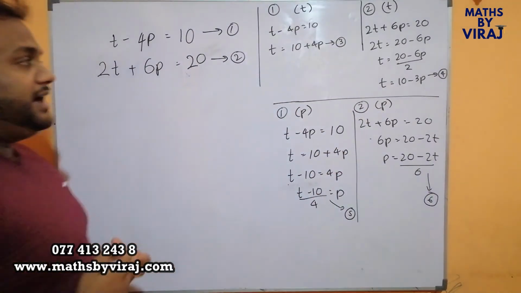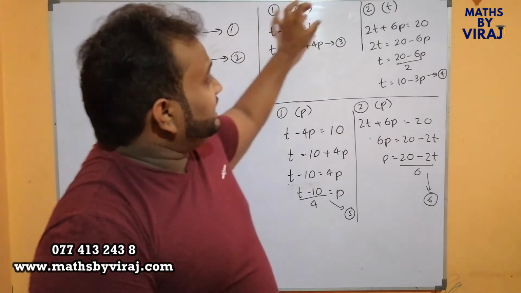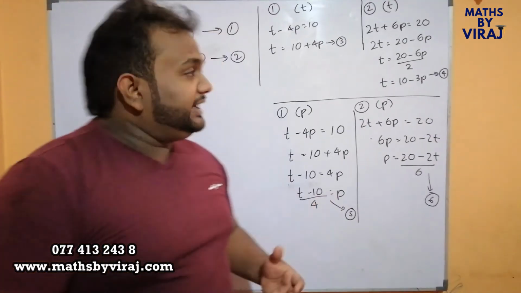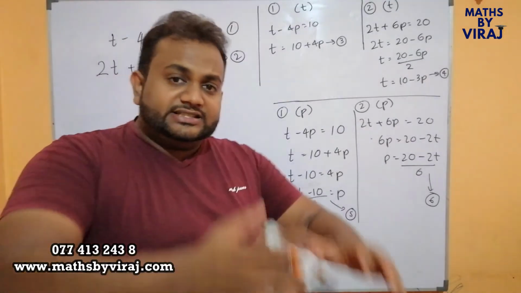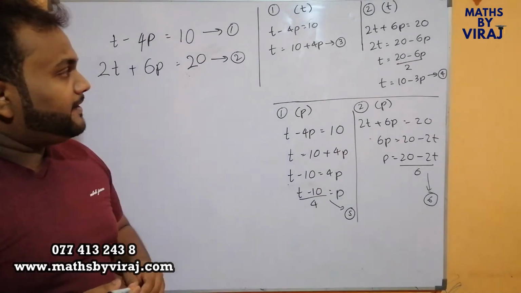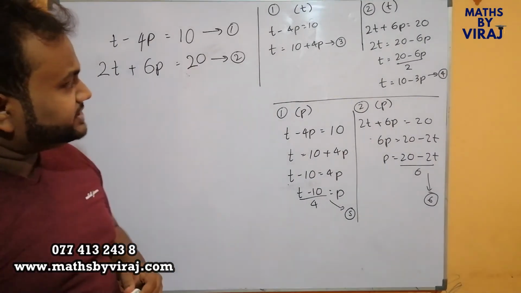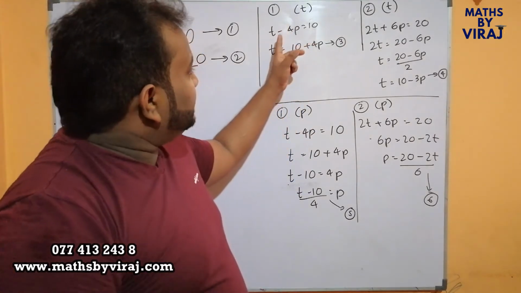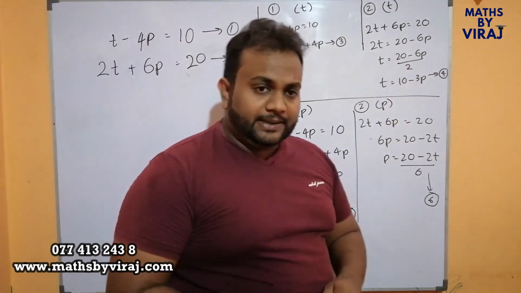Right, children? Now at a glance, you can see that making t the subject and getting an expression for t in terms of p is the easiest method to solve the simultaneous equations. Now you see that this is t equals 10 plus 4p and this is t equals 10 minus 3p. Fine.